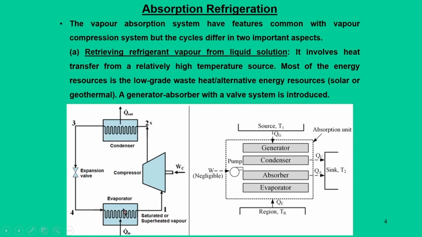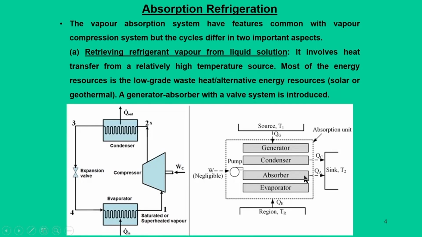Here the refrigerant also changes phase, but at the same time it is continuously absorbed by another component, which we call the absorbent. It is continuously absorbed and desorbed: when it is absorbed the solution becomes strong, and when it is desorbed the solution becomes weak.